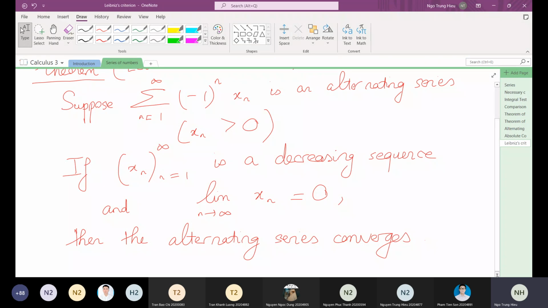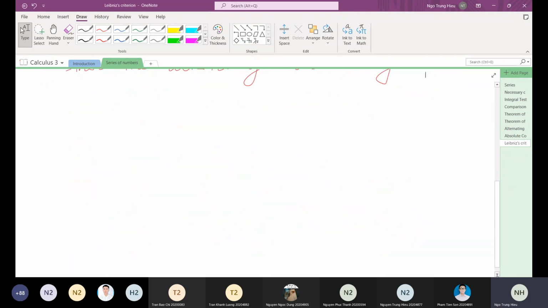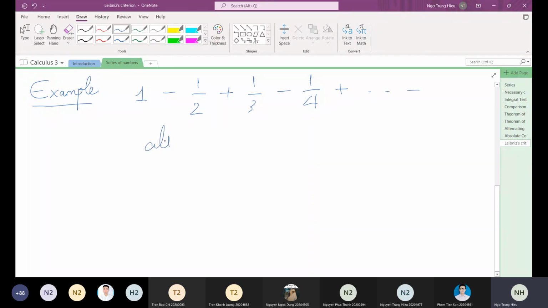So now we can use the Leibniz theorem to study many interesting series like 1 minus 1 half plus 1/3 minus 1/4 and so on, right? So let us study this alternating harmonic series. In Vietnamese, it's chuỗi điều hòa đan dấu.